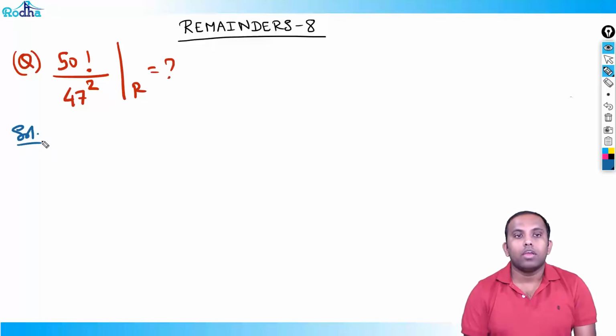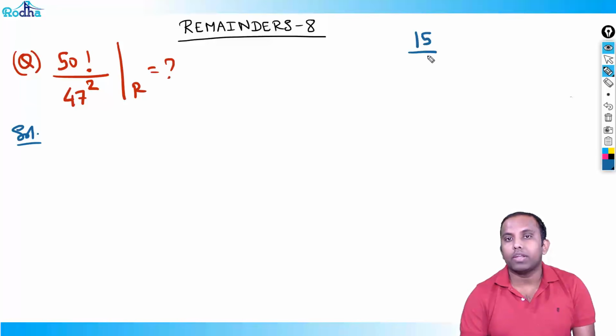See, we've discussed the concept of the cancellation factor earlier, right? Suppose I need to calculate the remainder of 15 by 20. If I cancel by 5, then 5 times 3 and 5 times 4, so 3 by 4, the remainder is 3.